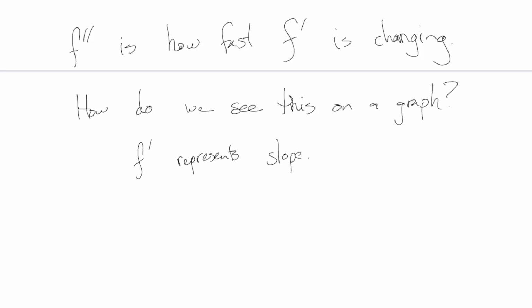So it's fairly easy to look at a graph and visualize f prime. You certainly could tell if it's positive or negative based on whether the slope is positive or negative. F double prime represents what? That's what I want to talk about. Can you just look at a graph and tell me something about f double prime? Is it positive or negative?